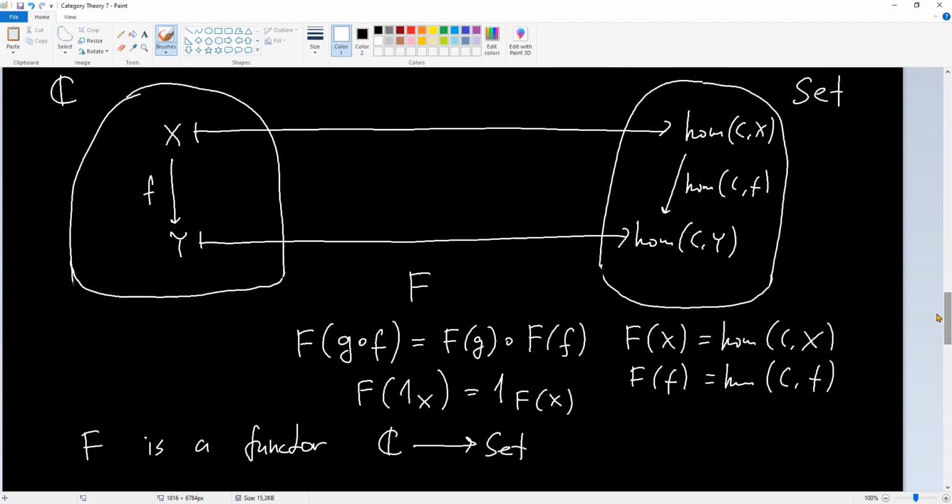Okay, so this clarifies a bit what we were talking about regarding generalized elements before. Once I fix an object C in the category, I can think of objects of my category as sets, and this process of thinking of an object as a set is actually a formal process.